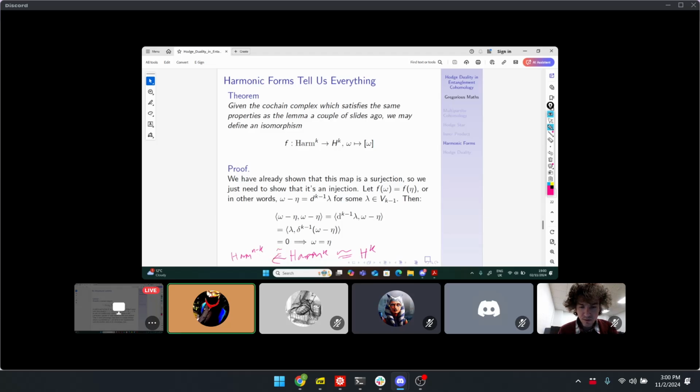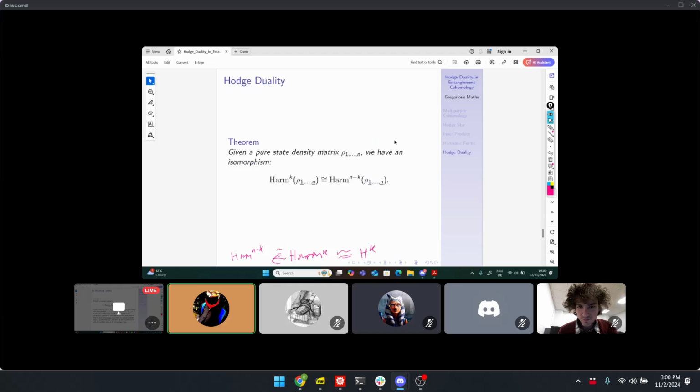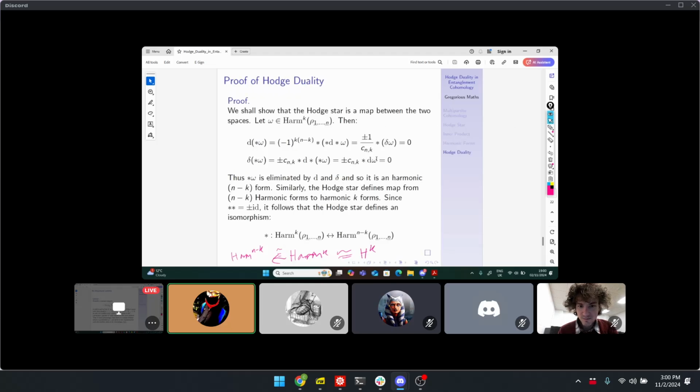And this is where, like a phoenix rising from the ashes, the Hodge star comes back to save the day. So what we need to show is that the Hodge star takes a harmonic k form and gives us a harmonic n minus k form.